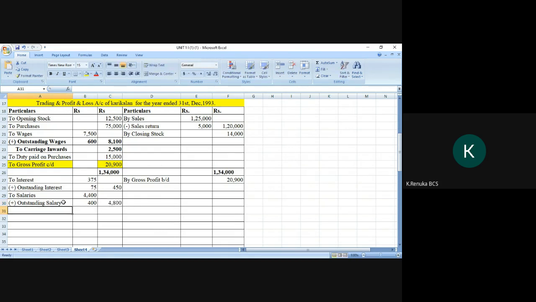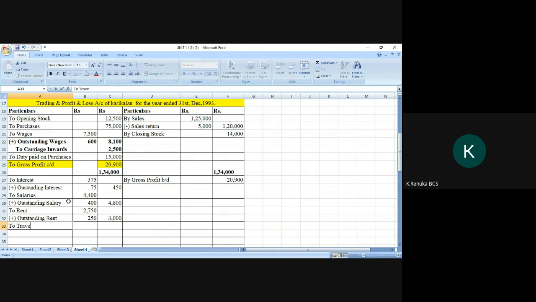After salaries, you have rent. To rent, add outstanding rent. The rent value is 2,750 and your outstanding is 250. If you add both, you will get 3,000, which has to be posted in the outer column. Next, they have given you the traveling expenses.